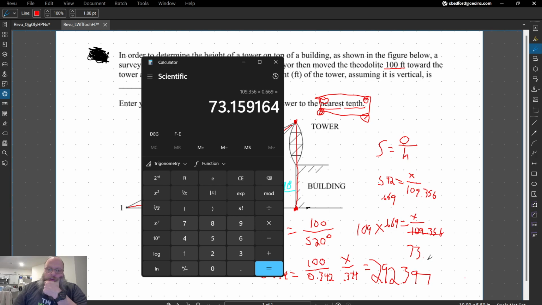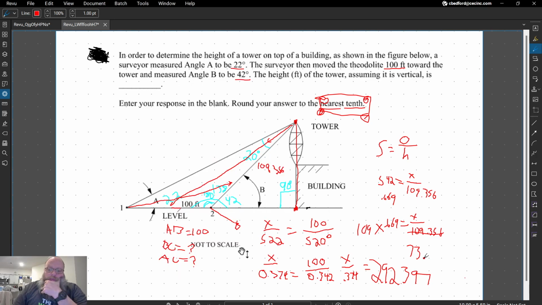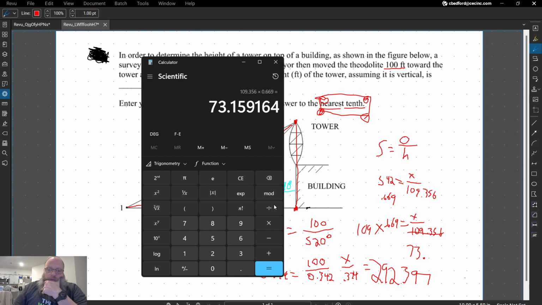So 73.159 to the nearest tenth would be 73.2.